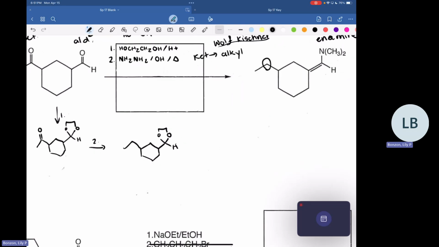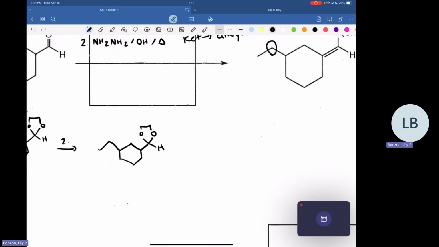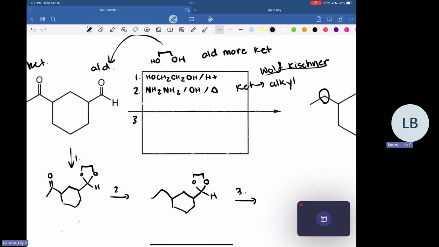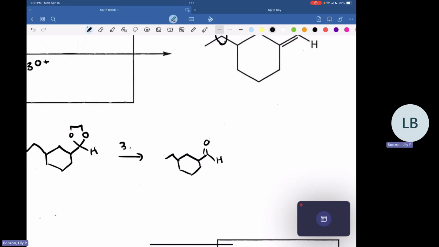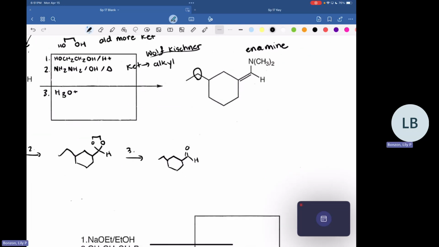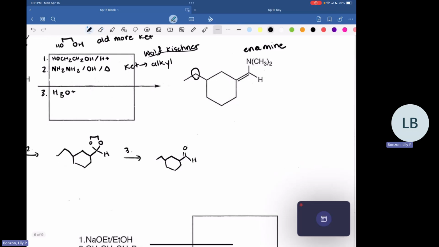And so the next step we want to do is get rid of the acetal protecting group. What you can do for that is just throw H3O+ in the reaction. Just throwing H3O+ will turn the aldehyde back to normal. Okay, so we're almost there. We want to form an enamine. And to form an enamine, we want to have a secondary amine.